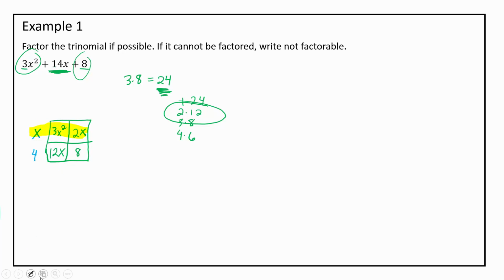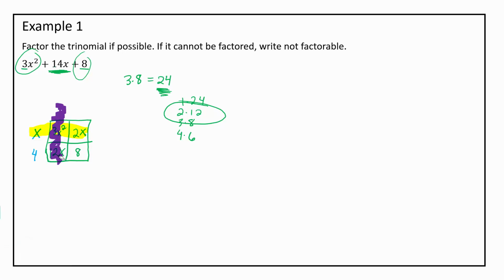Now I'm going to do the same thing, but I'm going to do it up and down. I'm going to do the column. So I'm going to look at this part right here. That was a terrible idea. I'm going to say what goes into 3x squared and 12x.